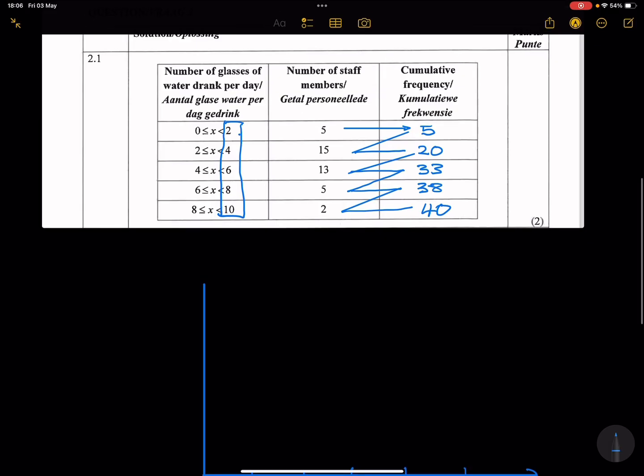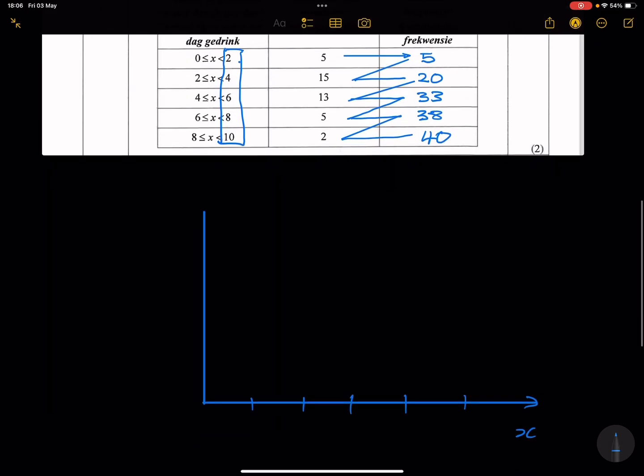Now remember, the highest value is 40, okay, and the lowest is 5. So I'm going to just take that in 5s. So that's 5, 10, 15, 20, 25, 30, 35, and 40. Okay, I'm just going to extend it a little bit. So remember, my x values are 2, 4, 6, 8, and 10.